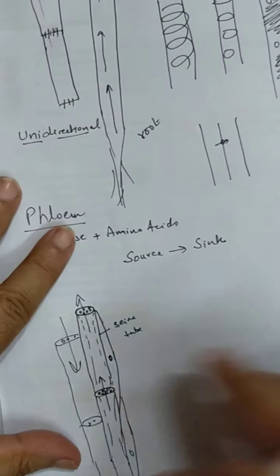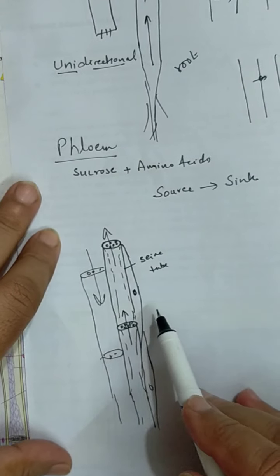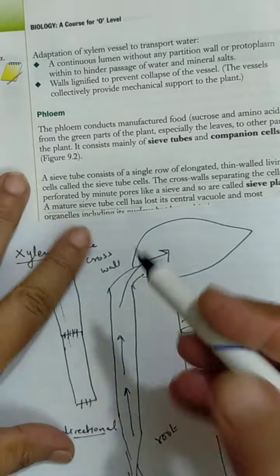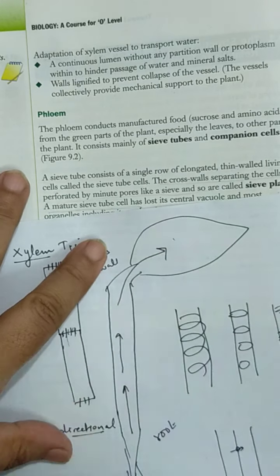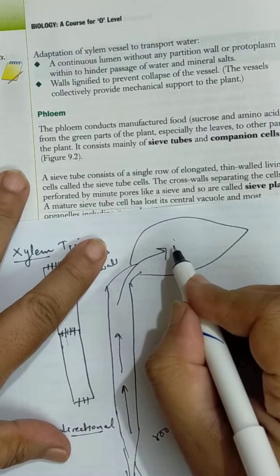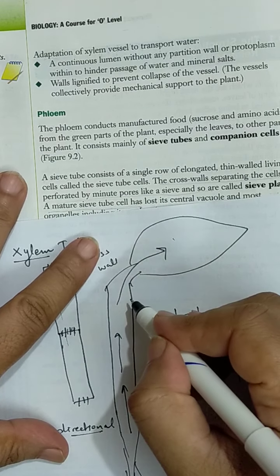Now, as I told you, there are many sieve tubes present for the transfer of material in the phloem. As you can see here, this one is the leaf. Here food will be prepared and transported from the leaf to different parts of the plant.